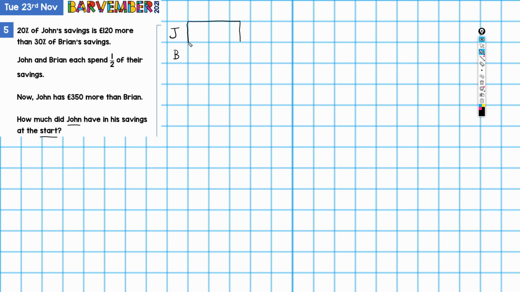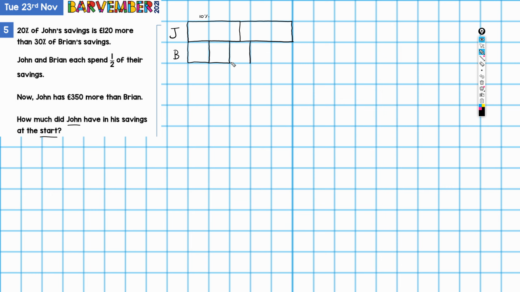So we're going to draw two 10% blocks for John. Okay, so this represents 20% of John's savings. So each of these blocks is 10%. And then there's going to be 3 blocks for Brian. Okay, they're going to be smaller.